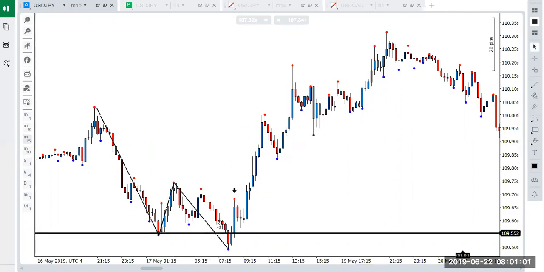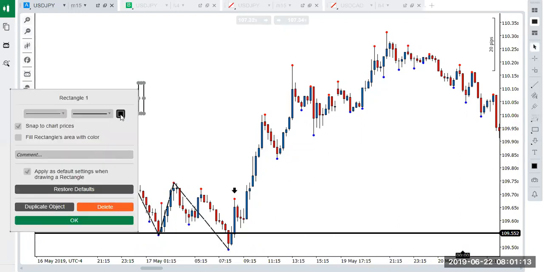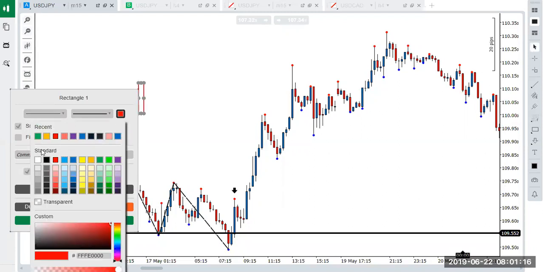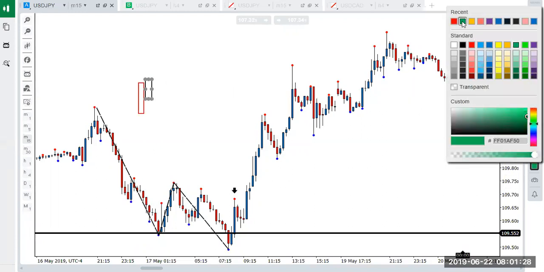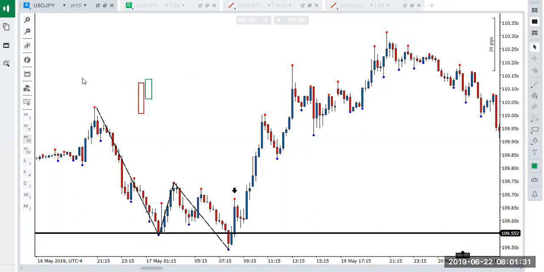But one great confirmation I use is a continuation pattern where in this case we have a red bar, followed by, in this case, a blue bar. I'm going to change my colors, I think I like green, right?